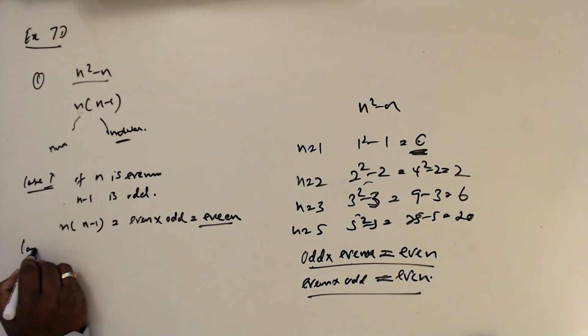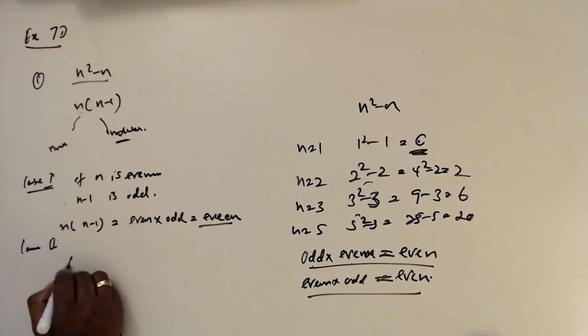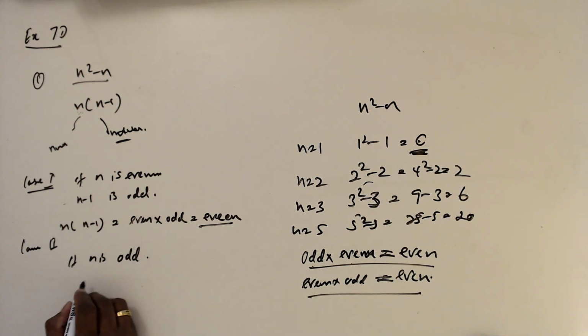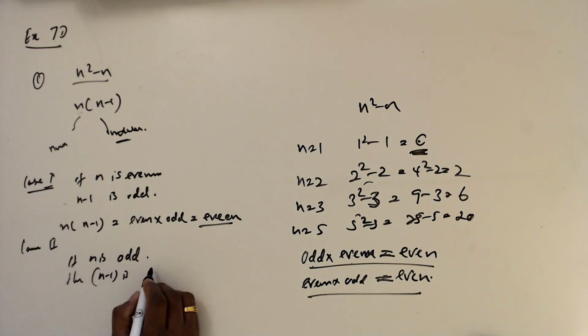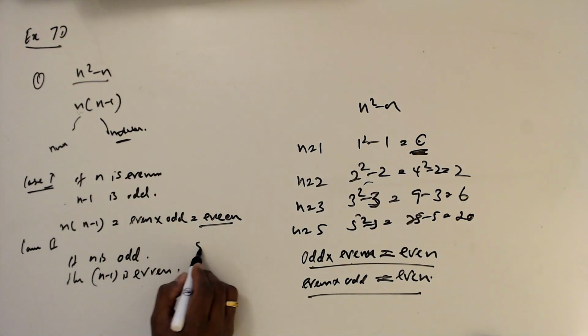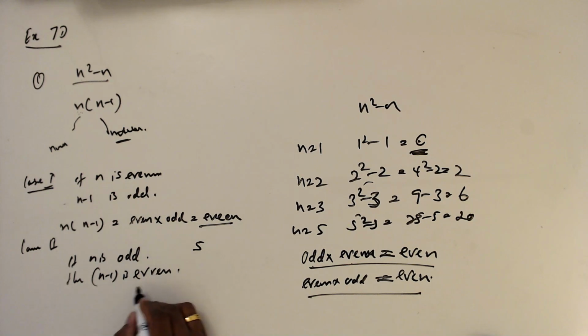Case 2: if n is odd, then n minus 1 is even. If n is odd, 5, 5 minus 1 is what?